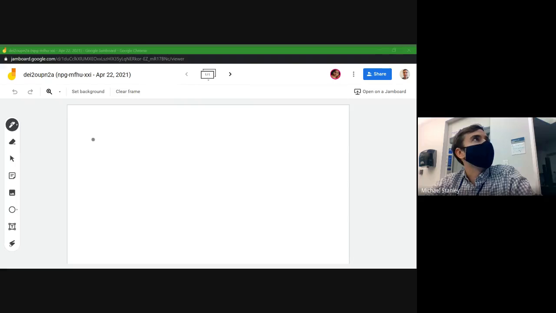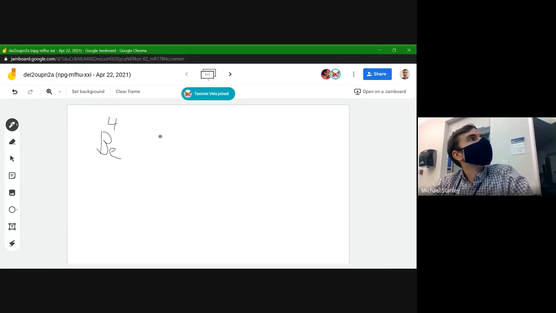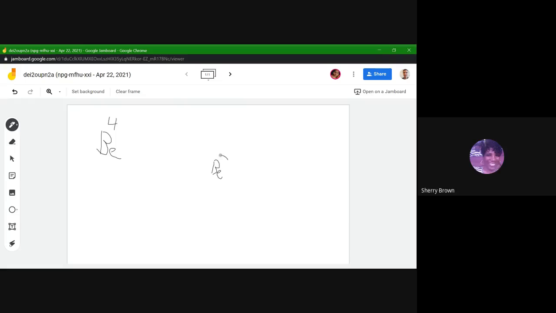What's after lithium? I think it's beryllium. So the atom beryllium with the symbol of Be has an atomic number of 4. So how many electrons are in our beryllium atom? 4.